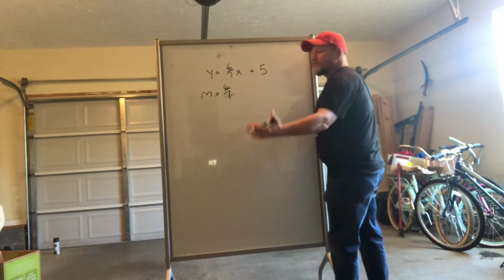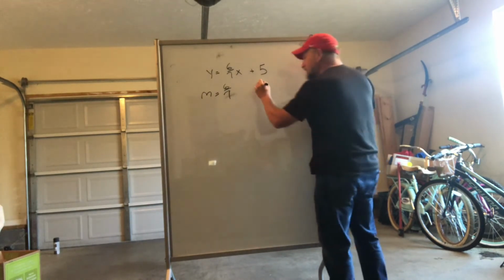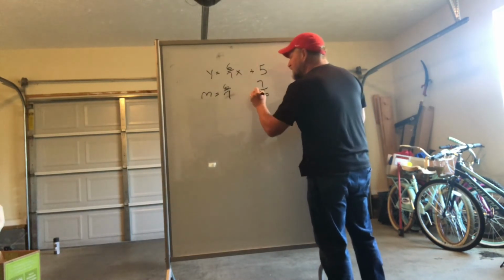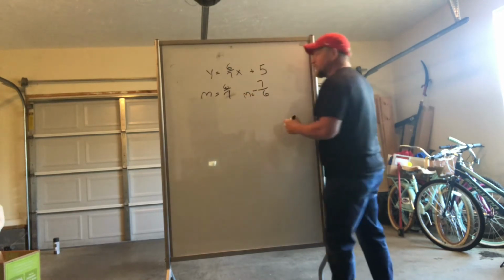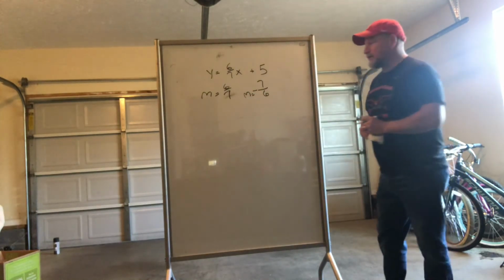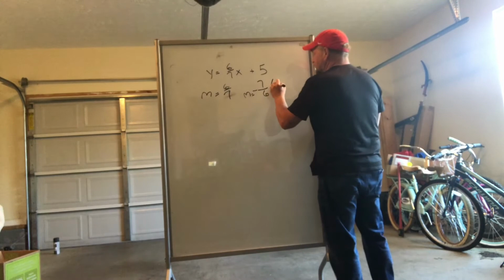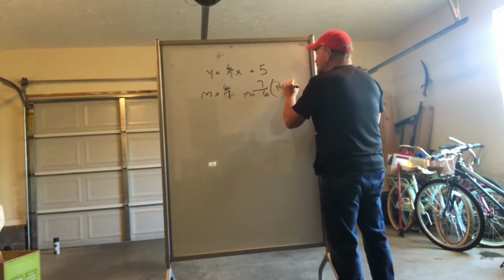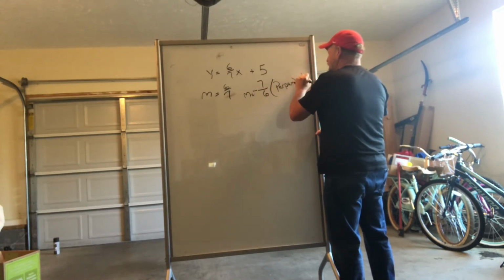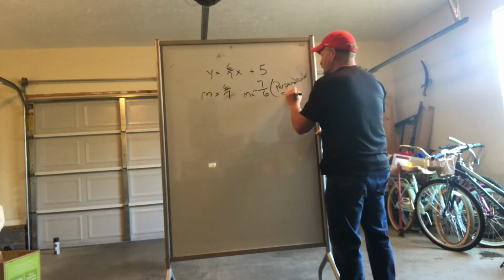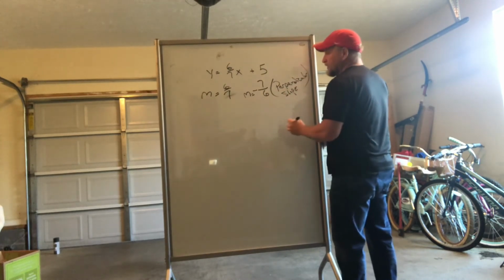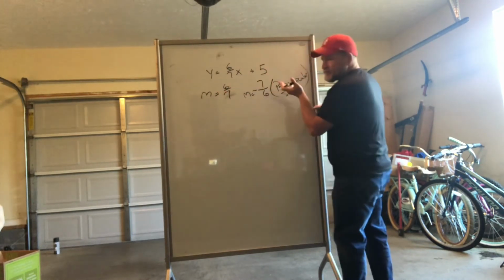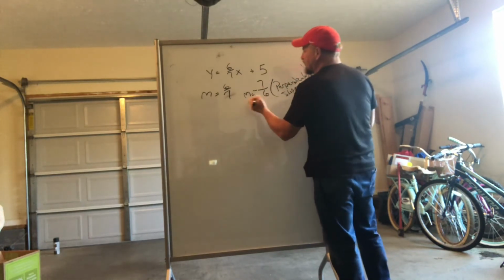So my reciprocal would be 7/6. And then the negative of that would just be to change the sign. Okay, so this is the perpendicular slope to the original. So I've taken the original slope, flipped it upside down, or found the reciprocal, and then changed the sign.